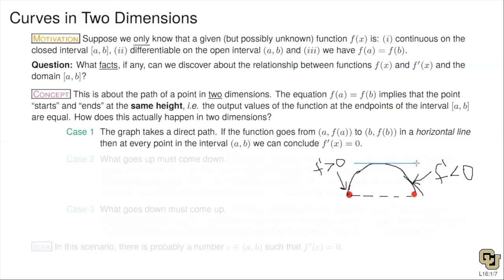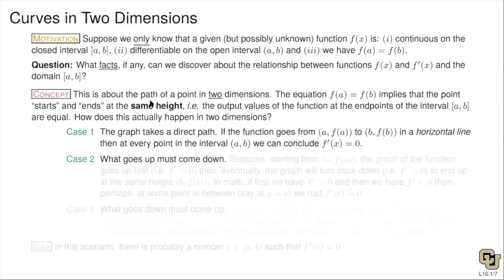If I go up, I have to come back down. And if I'm coming back down, at some point I need to level off. When I level off, the derivative is 0. So again, we've come to the same conclusion as case 1.